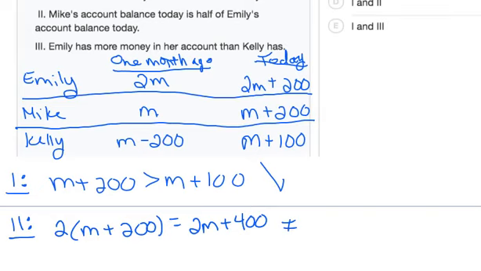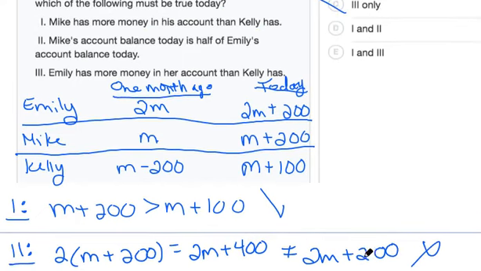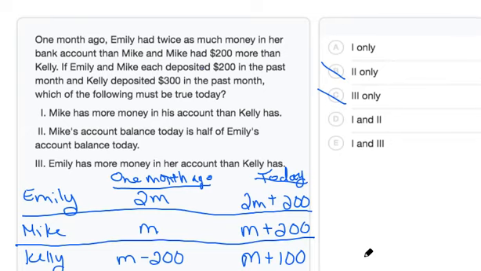Or Emily's account balance, I'm sorry. So Emily's account balance is 2M plus 200. Since they're actually not equal, this statement is not true. So we can actually scroll up and eliminate any answer choice with statement 2 in it, because statement 2 is not true. So statement 1 is true, statement 2 not true.